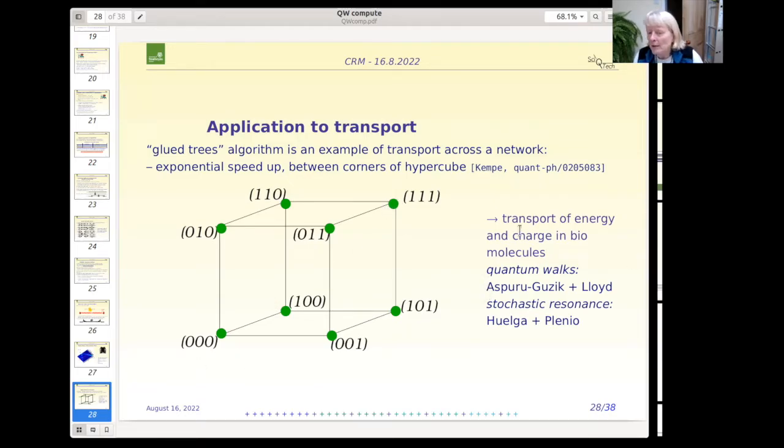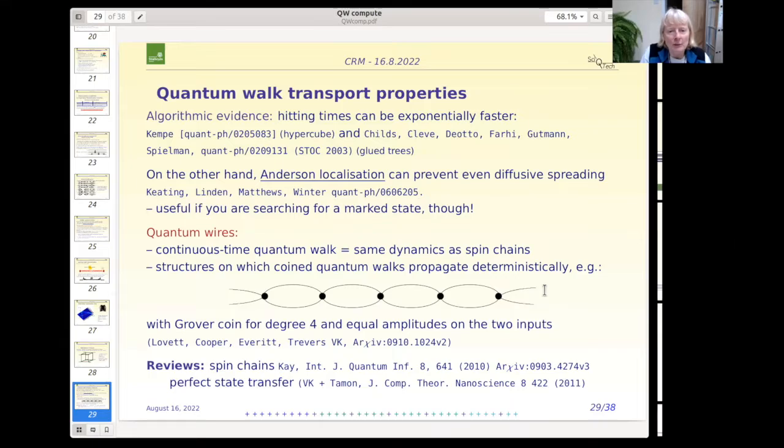And it also translated into people interested in energy and charge transport in biological molecules. And there are quantum walk models of this. But back to the transport properties, we have the algorithmic evidence of these faster hitting times.